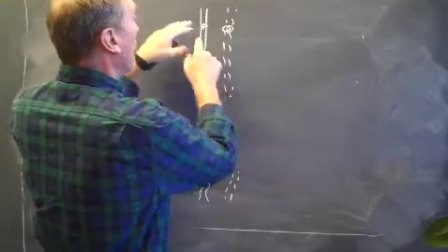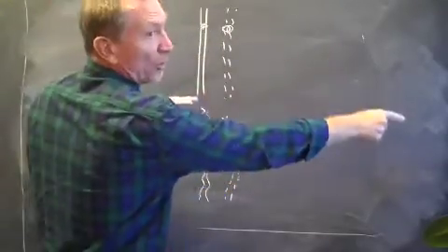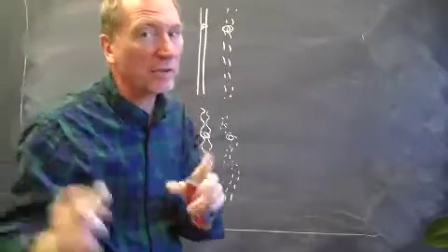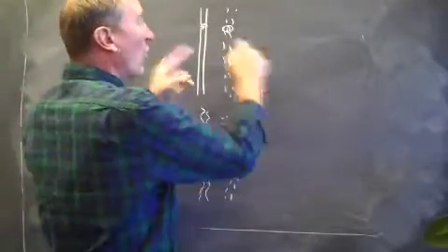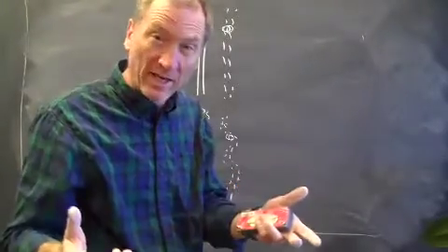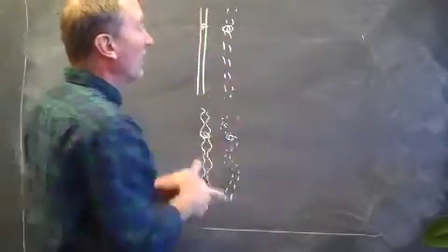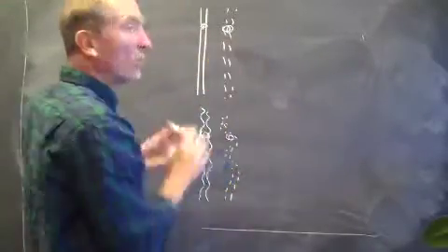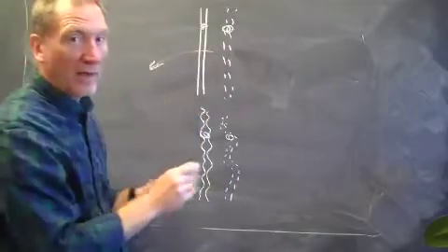So one of these homologs will go to this pole, and the other homolog will go to the other pole. Now, interestingly enough, which one goes where is never for sure. It's random. So this homolog might go this way, or this homolog might go this way.